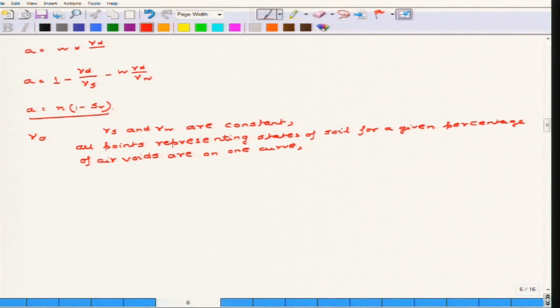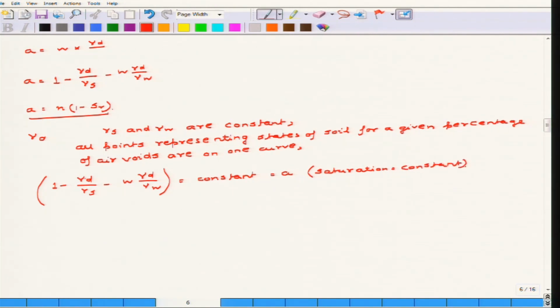The equation of this curve is 1 minus gamma d by gamma s minus w into gamma d by gamma w is equal to a constant, because the volume of air is considered to be constant in this case. So, all these points are on equal degree of saturation, because the volume of air is not changing, which means the points are on the same degree of saturation curve.